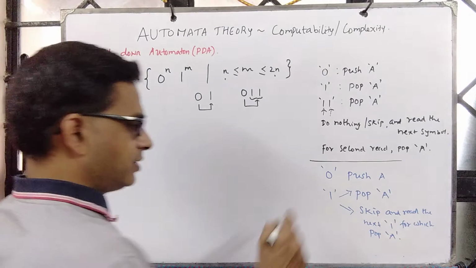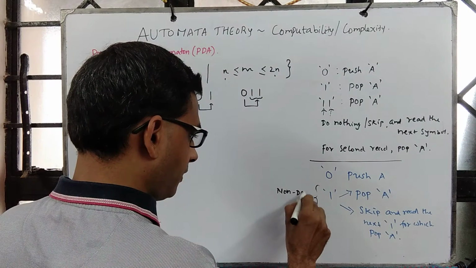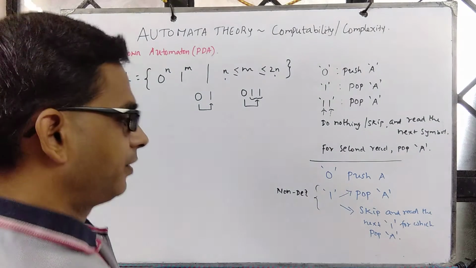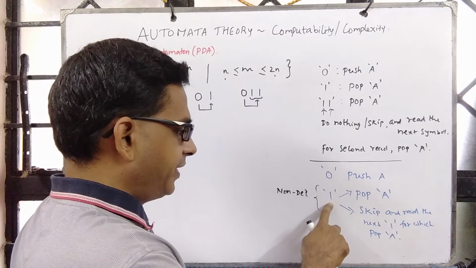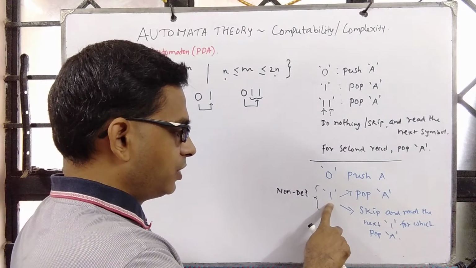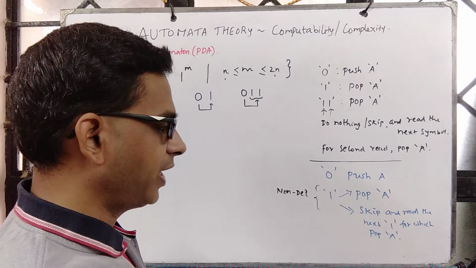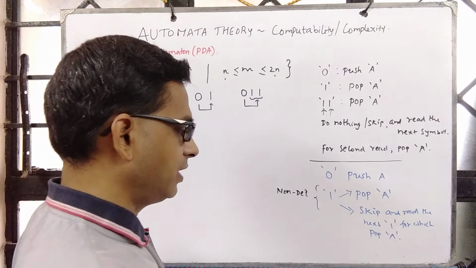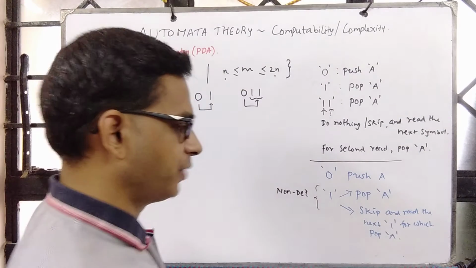Now this is precisely non-determinism. The machine does not know at this point in time, when it reads a 1, whether it should take this direction, pop A out and go to the next configuration, or skip and read the next one.